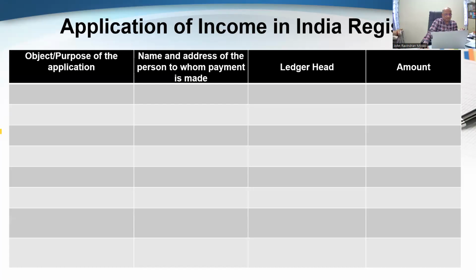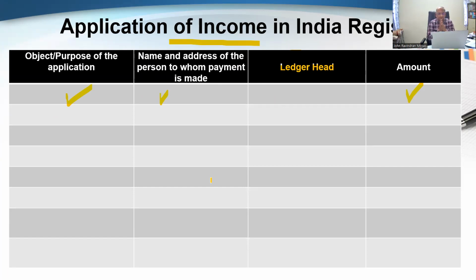Application of income register: we have designed a simple register here. You have the object or purpose of application, name and address of the person to whom payment is made, ledger head and amount. Why am I saying ledger head? If you keep this application of income register truthfully, then you will be duplicating, because the objects of the organization are the application.